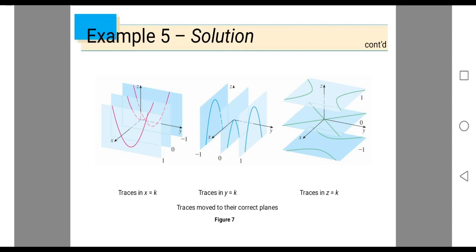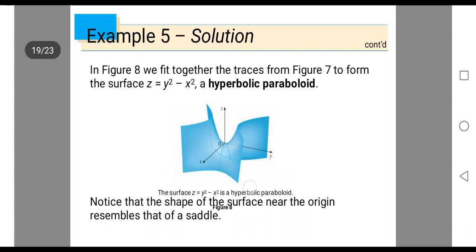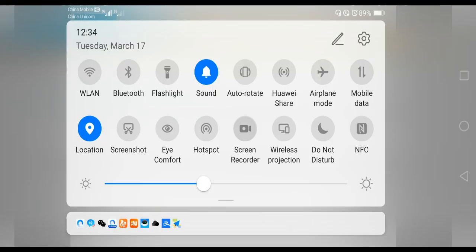In the z traces we can see these are hyperbolas, and in the x and y traces we can see these are parabolas, right? And it shows that the axis is parallel to the degree 1 variable. So the axes are parallel to the z axis.